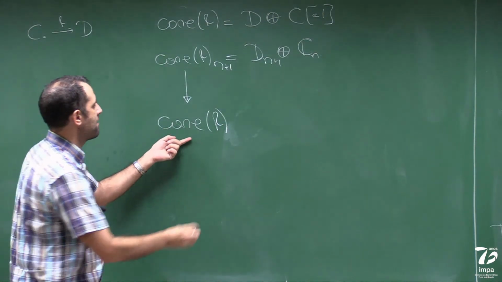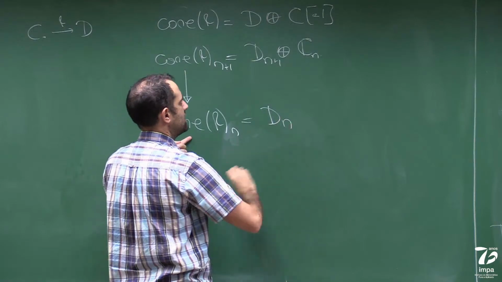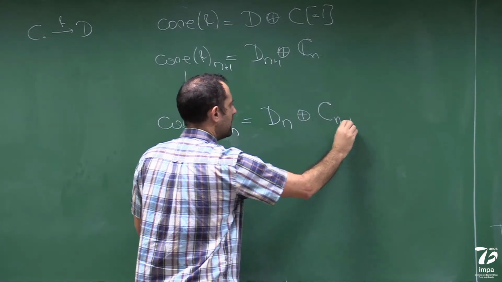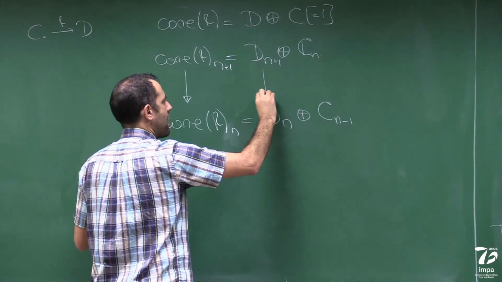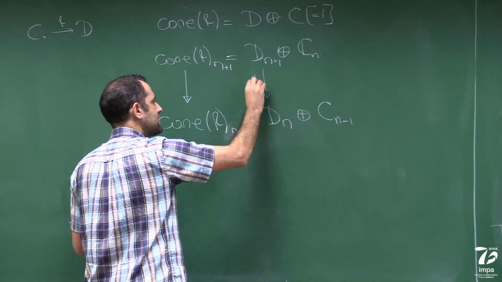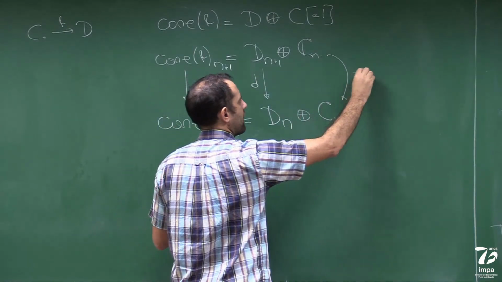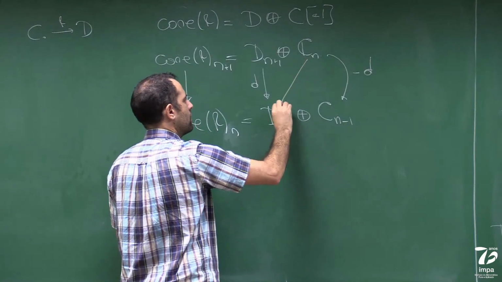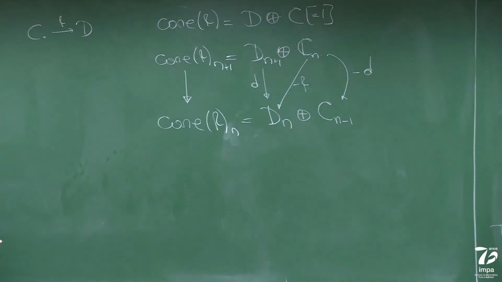So the map should go from the cone of this guy, which I'm writing as D_n plus C_{n-1}. And, well, here I have a map which is minus the differential in C, and here I have a map which is F, but I took it to be minus F. I think this is the sign convention that the book used.